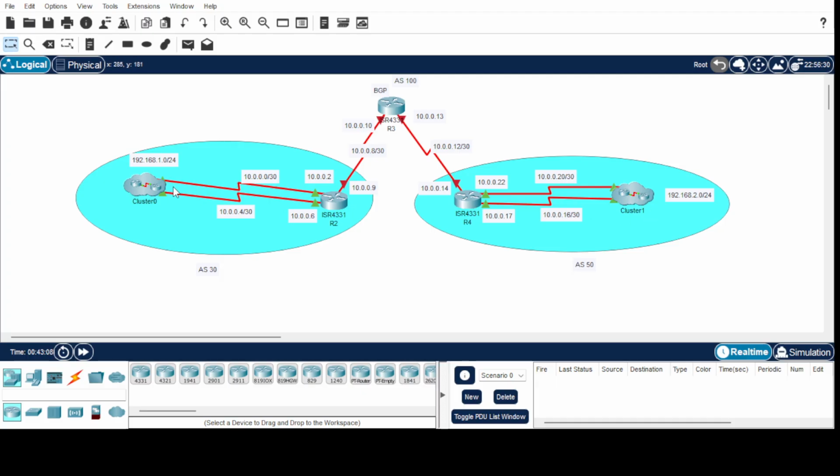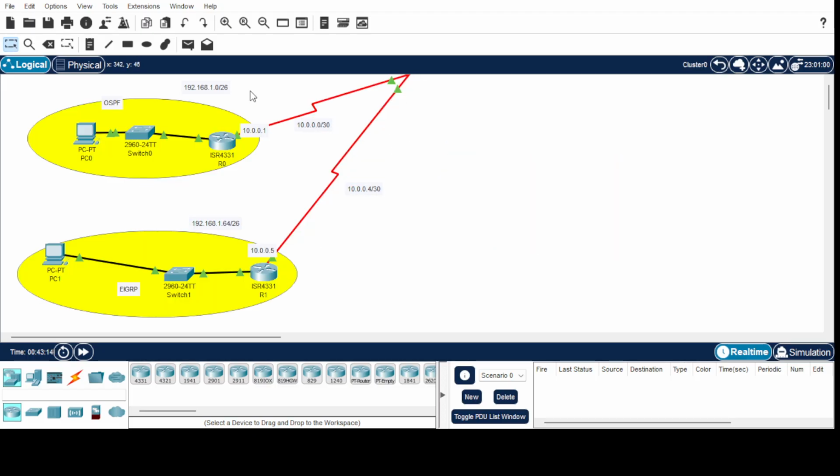Within cluster 0, this network is again subdivided into two subnetworks having IP addresses of 192.168.1.0/26 and 192.168.1.64/26, in which the first subnetwork has OSPF as its internal routing protocol and the other subnetwork has EIGRP.